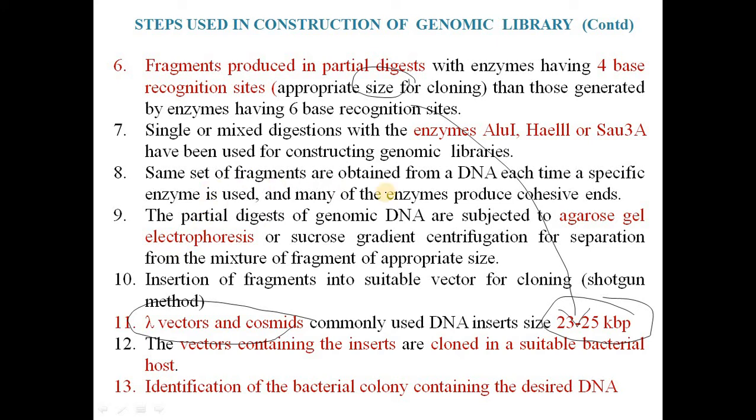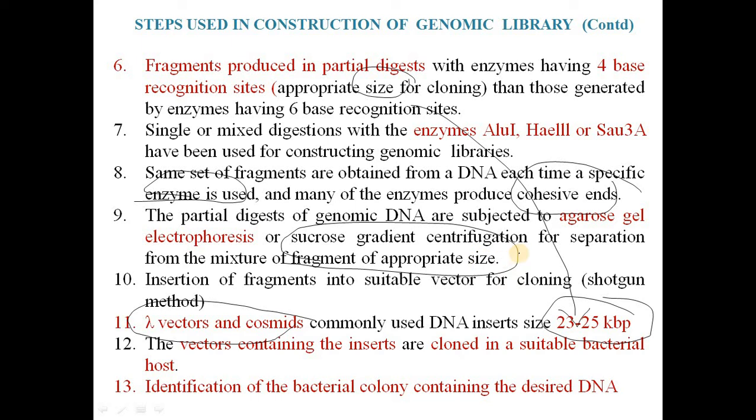The same sets of fragments are obtained from a DNA each time we use a specific enzyme, as many of the enzymes produce cohesive ends. The partially digested genomic DNA is then subjected to electrophoresis or sucrose gradient centrifugation. Why is this so? To get a mixture of fragments of appropriate size.